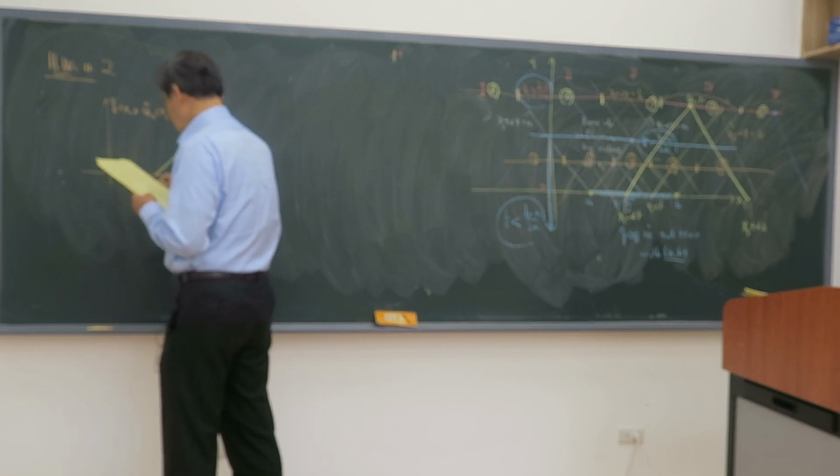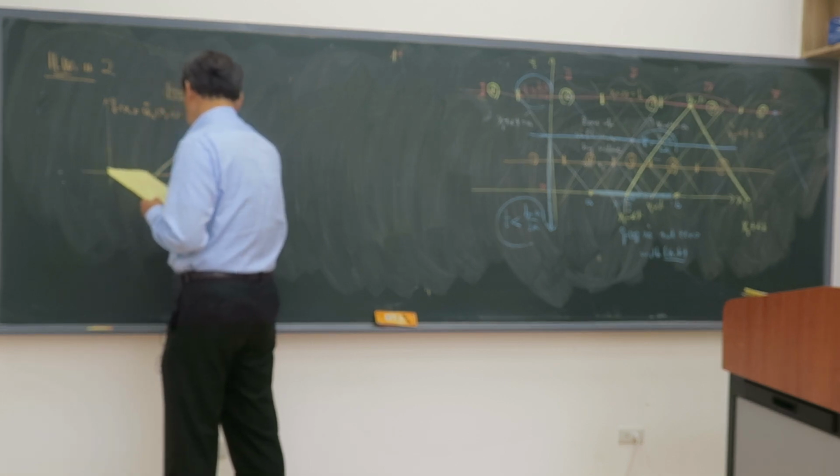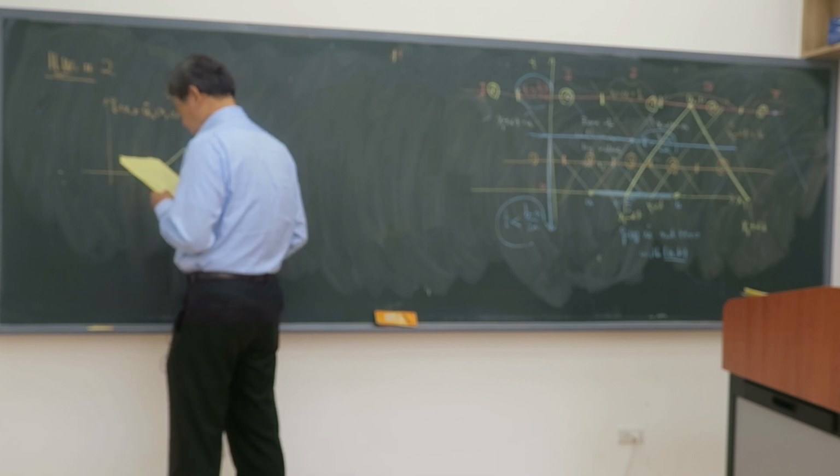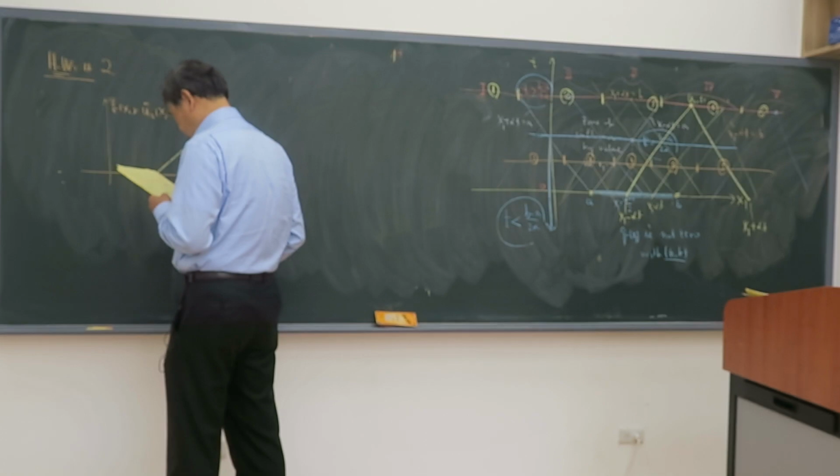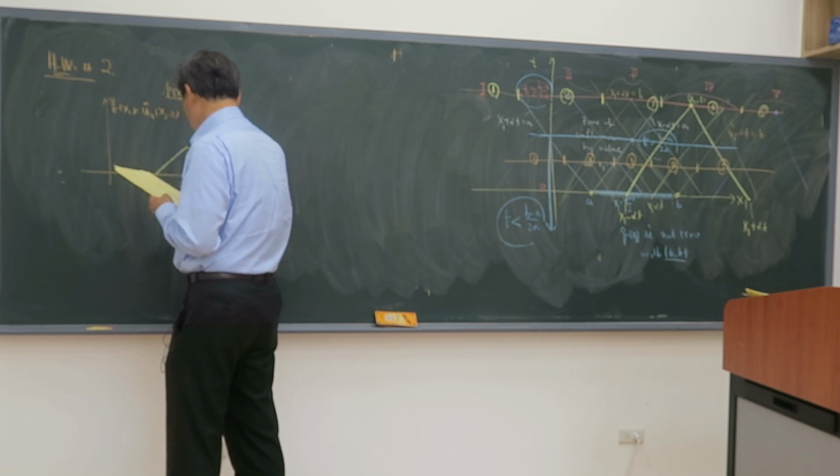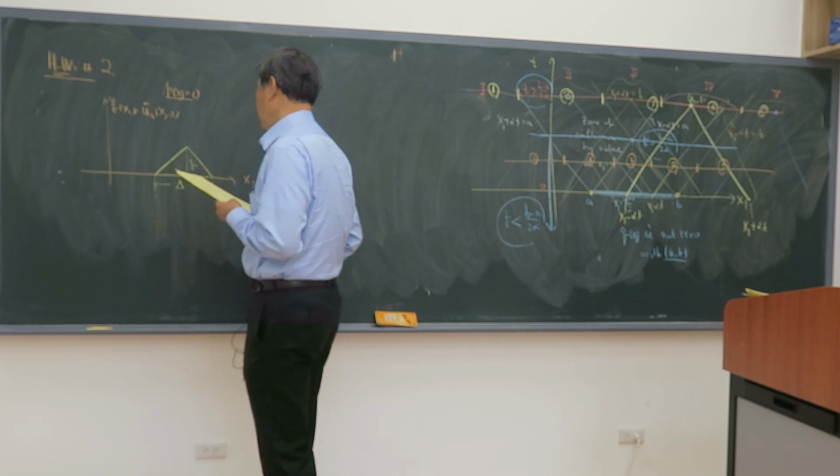This is 2. Okay. And the height is Q. Let me give you a delta right here.